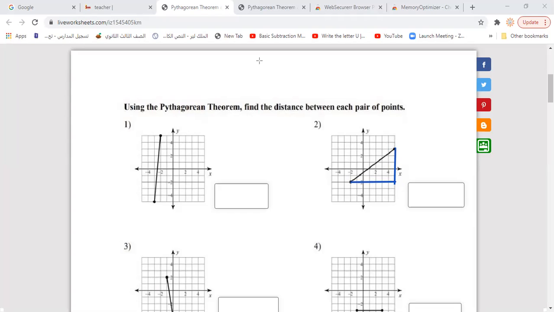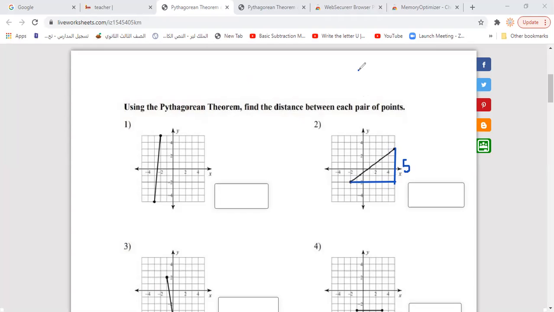How many units in the vertical line? 5. It's from -2 till 3. So we have 5 units in the vertical. And how many units horizontal? 7. From -2 till -5.